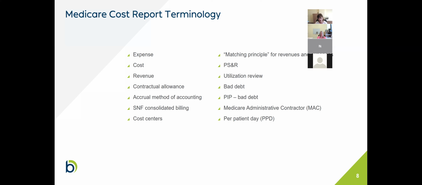SNF consolidated billing is a big part of Medicare cost report. When patients are in your buildings on the skilled nursing facility Medicare stay, all the services, or most of the services, I should say, that you provide to them are covered by one rate, not standard, based on complexity of the patient. So all ancillaries such as medications, therapies, medical supplies, x-rays, labs, everything is included in that consolidated billing.